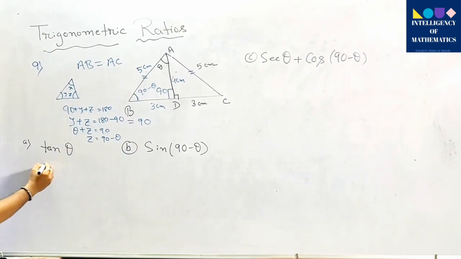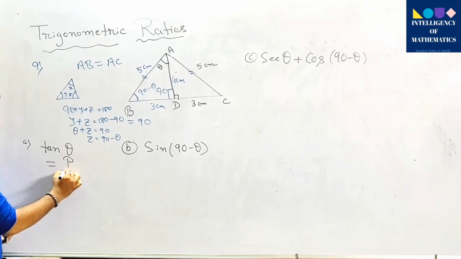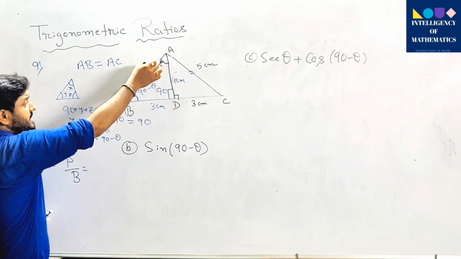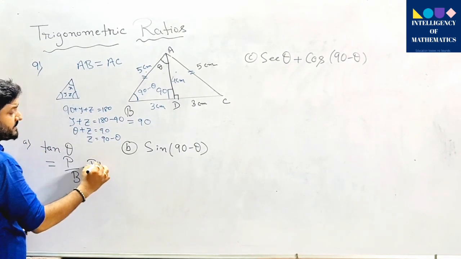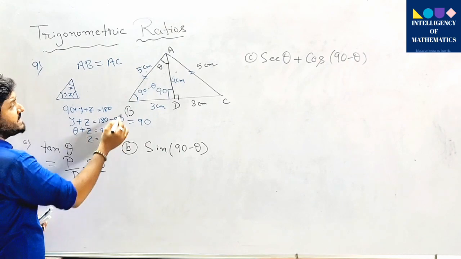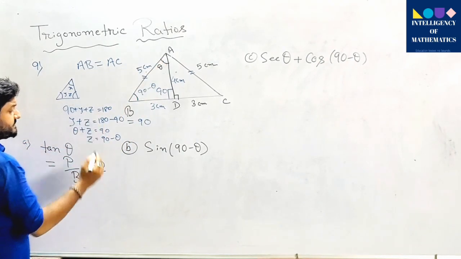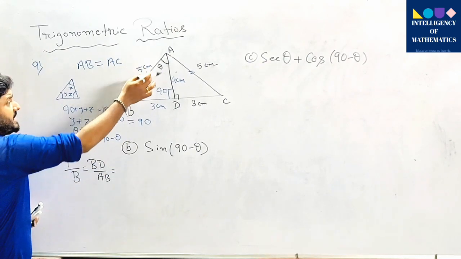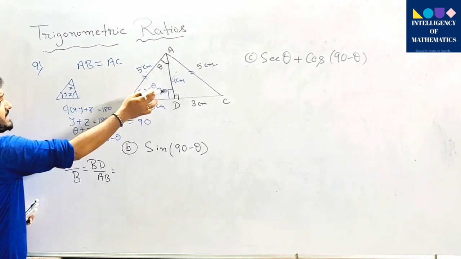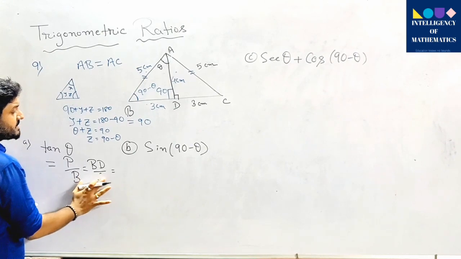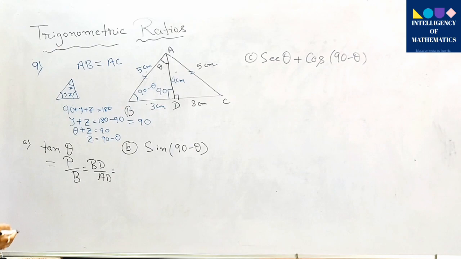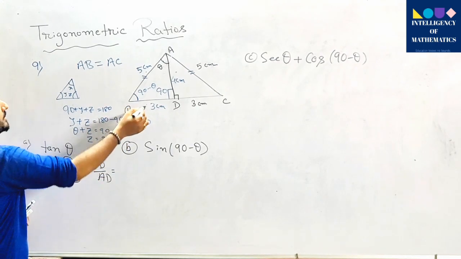Now the sum will become easy. Tan theta is asked. We know tan theta means perpendicular by base. According to the theta angle you are considering, the perpendicular will be BD and the base will be AD, because the hypotenuse is in front of the right angle.